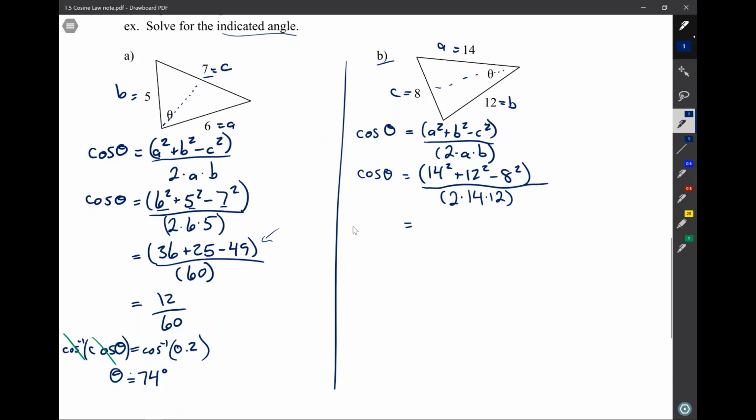And I can put these into my calculator. So 14 squared is 196, plus 12 squared, which is 144, minus 8 squared, which is 64, all divided by 2 times 14 times 12, which is 336.